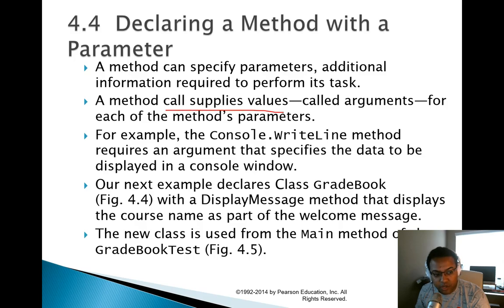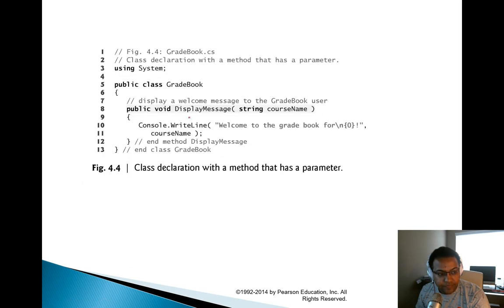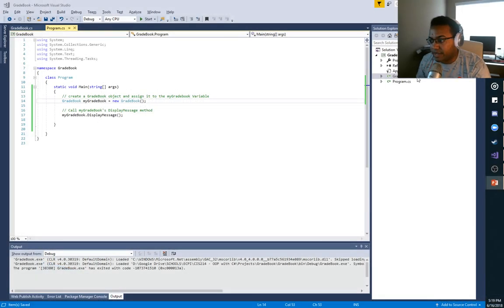A method call supplies values called arguments for each of the method's parameters. We talked about all this already, so we're going to keep on going. Now they want us to add a parameter, string course name, to the method. So let's go ahead and do that.